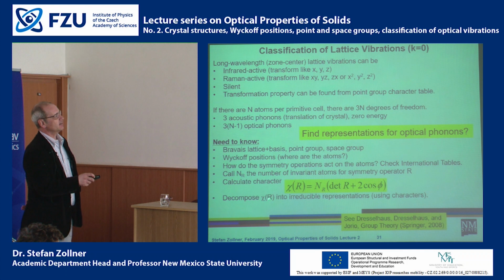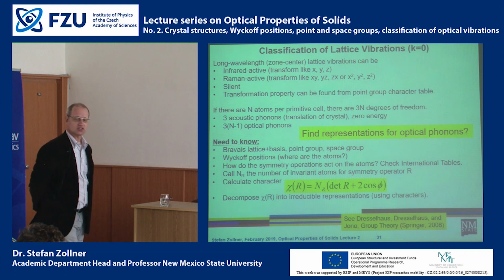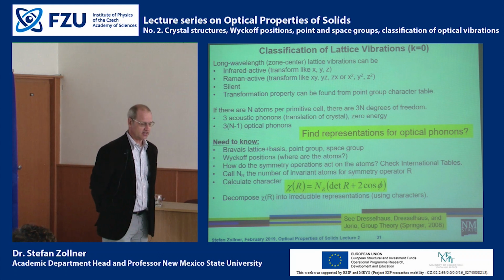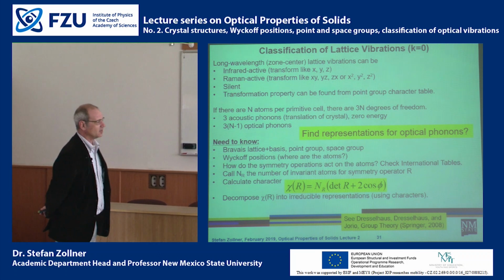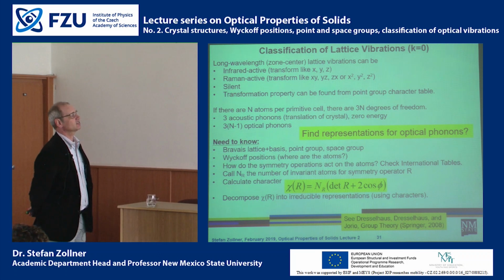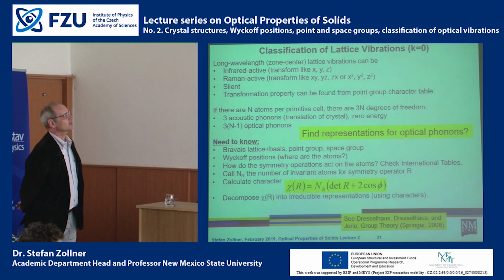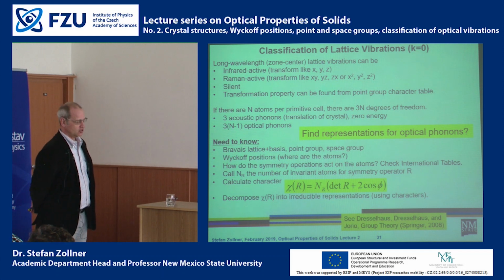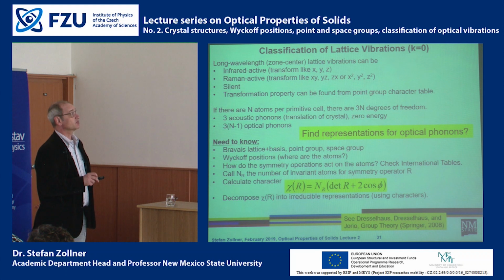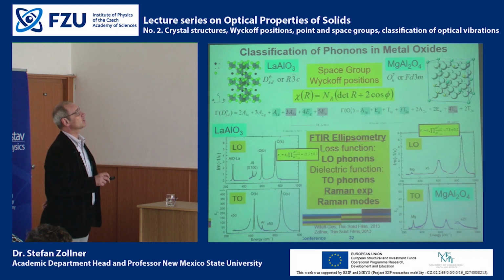So using characters, I can decompose this representation into irreducible representations. All I need is the character tables. And then once I've done that, I will know which of these irreducible representations belong to Raman active or infrared active phonons.